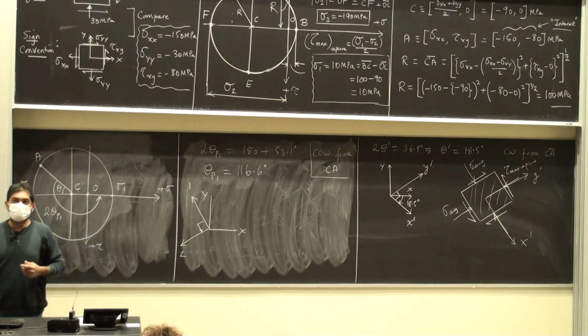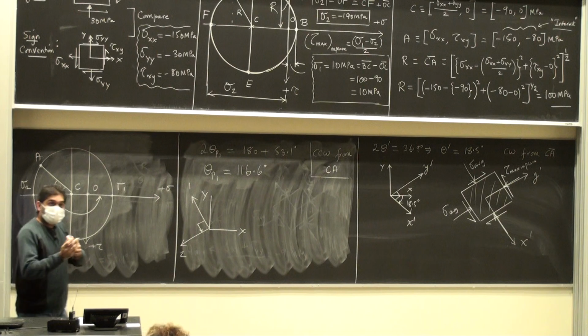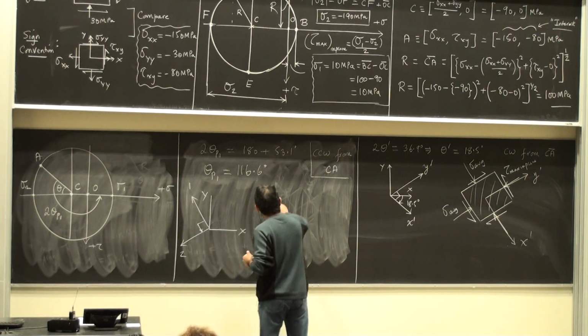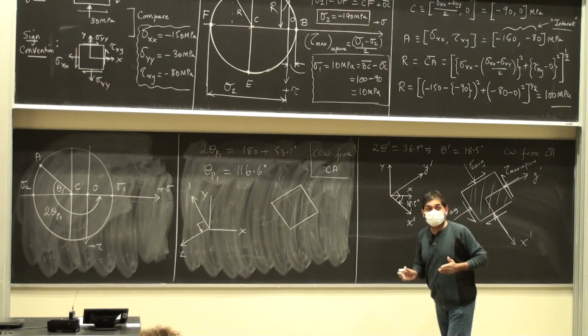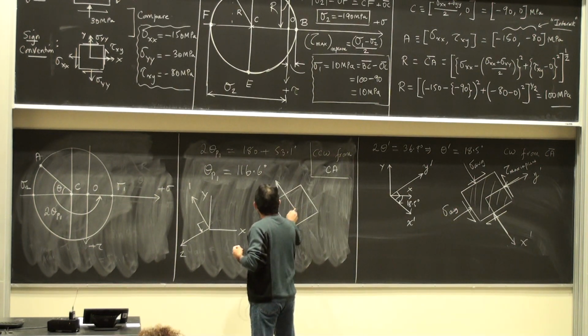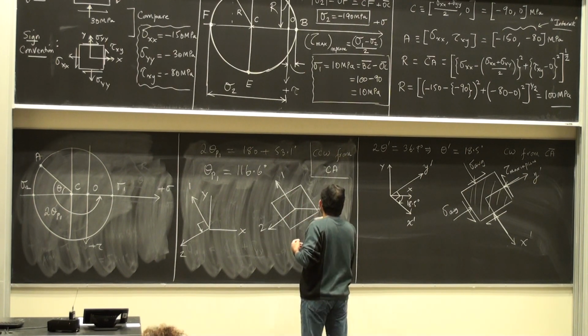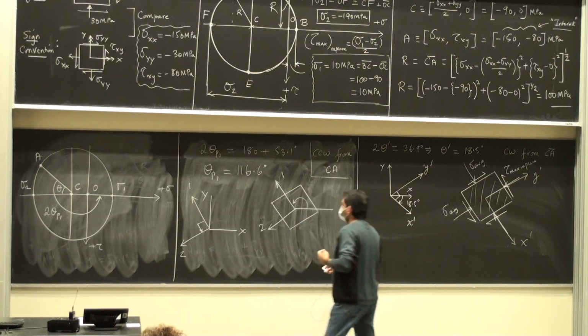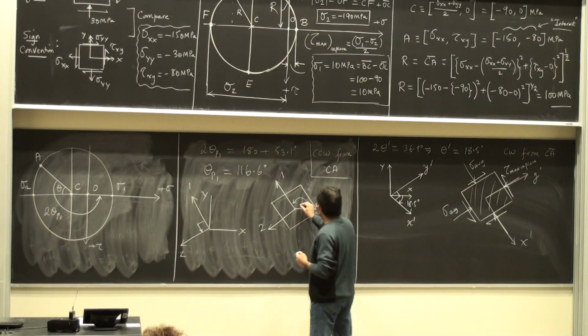Right, I'm going counterclockwise once again. I draw my element, which is aligned with the xy direction in the following sense. Now I'm going to have my 1 direction, 2 direction, and this angle here is the 116 degrees, theta P1.